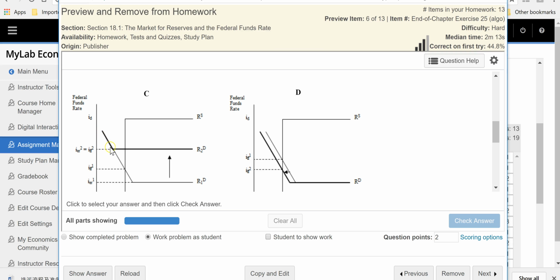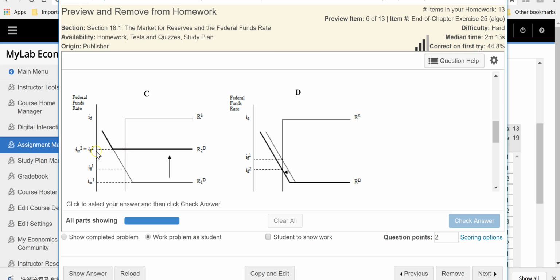The downward sloping part will be the same, but now the lower portion, the horizontal portion of the demand curve, will be higher than the older one. And the new intersection will be the intersection of this new demand curve and this original supply curve. So you can see that this is the new federal funds rate, IFF2.